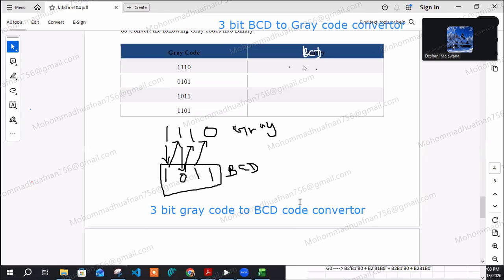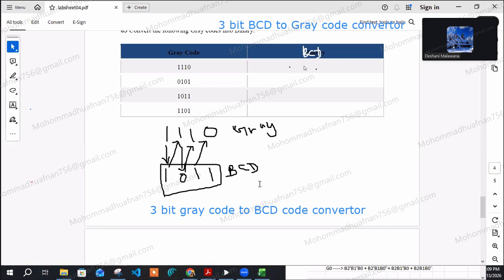So now you know how to convert gray code into BCD. The same way, you have to first fill out the truth table. Then after the truth table, you have to generate the equation. For generating the equation, you have to use the K-map. Now you know how to use the K-map.